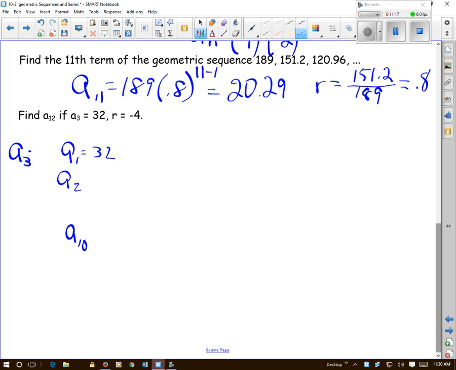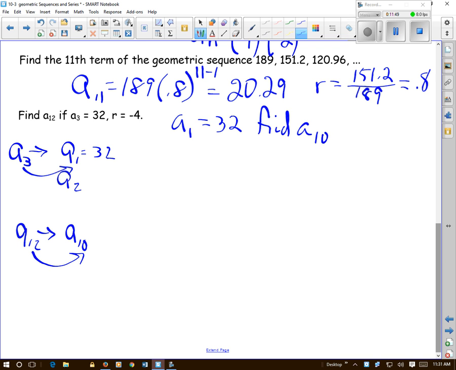So a3 is equivalent to a1, and a12 is equivalent to a10, because we lowered the subscript by 2 here, so we lower the subscript by 2 here. So this is equivalent to a1 equals 32 and find a10.